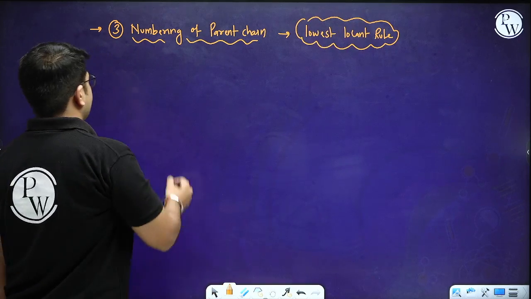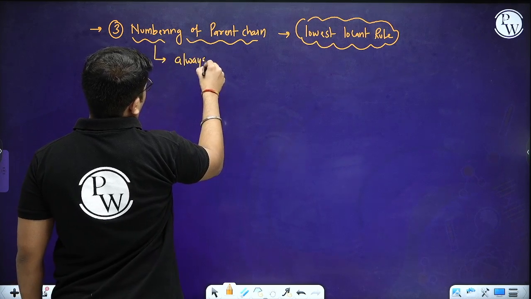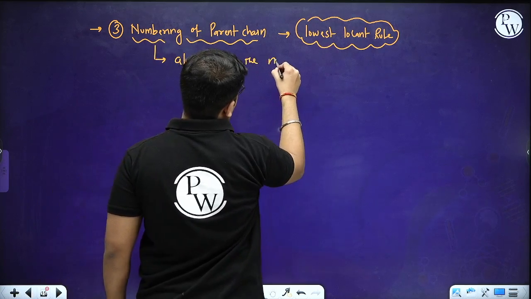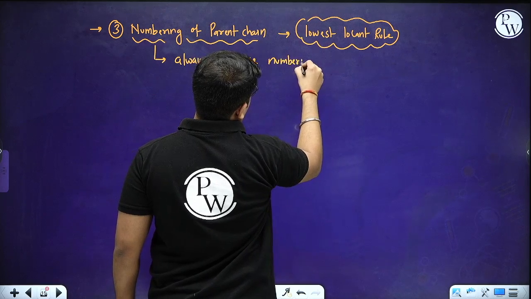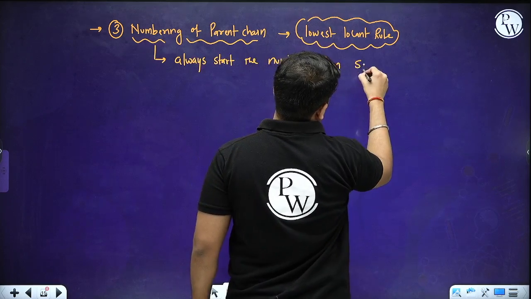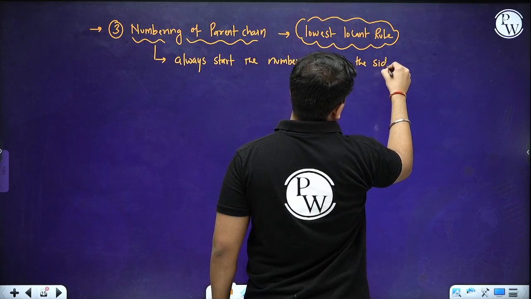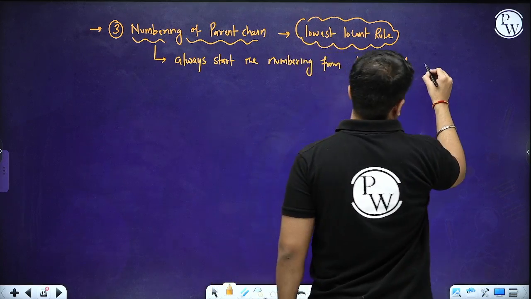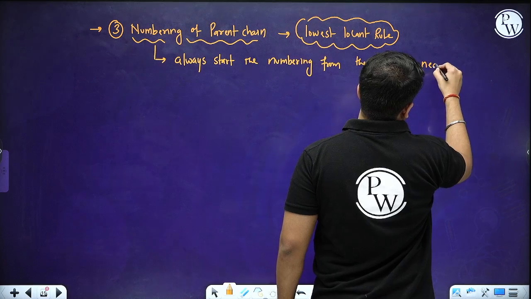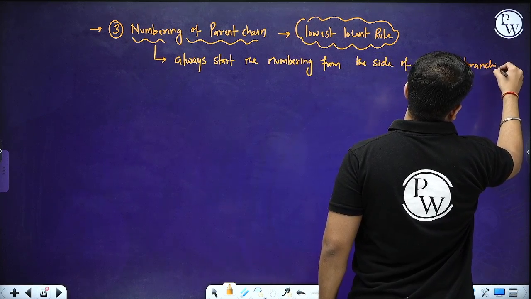The meaning of this entire part is very easy. Always start the numbering from the side of the nearest branching.